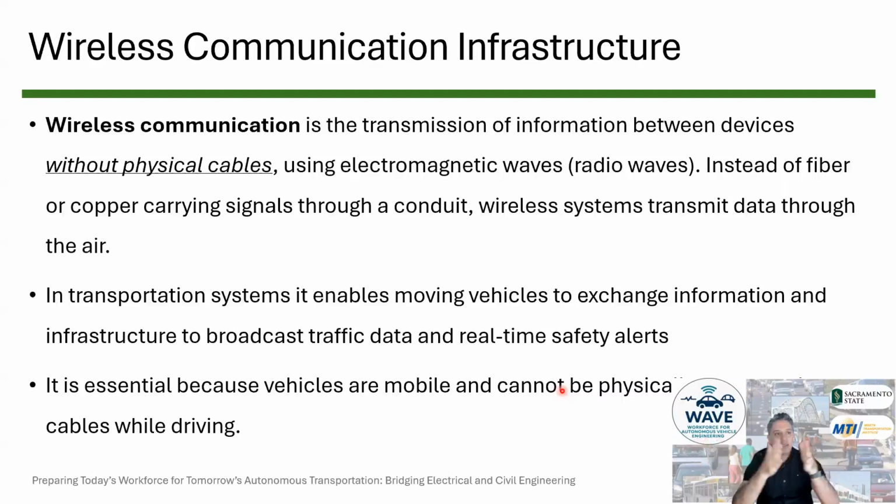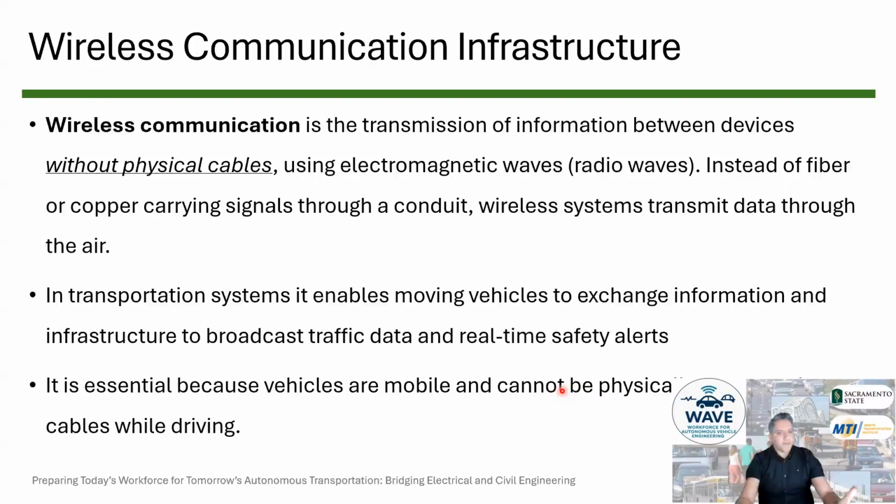Everything, the connection between the transmitter and receiver or between devices, is through radio frequencies and electromagnetic waves that we talked about in the signals, like radio waves. The wireless signals transmit the data or information through the air.